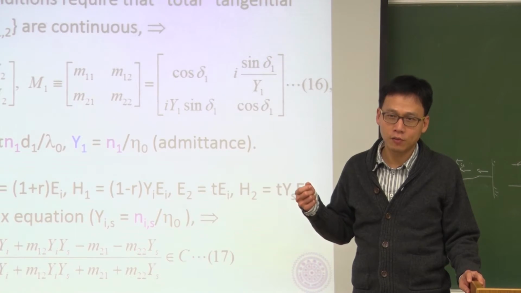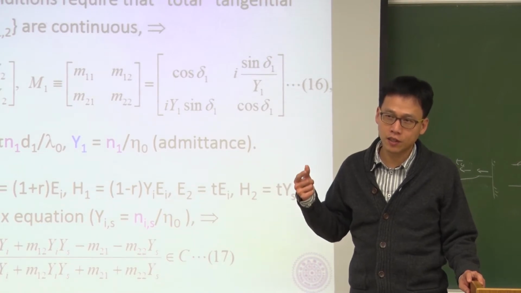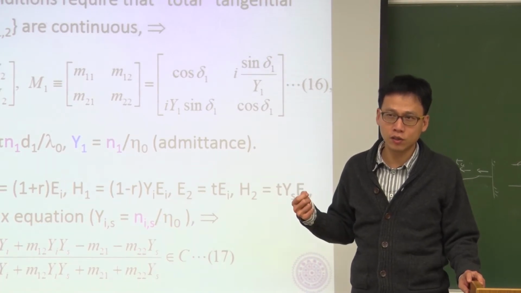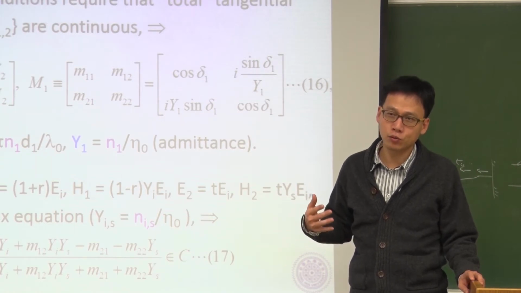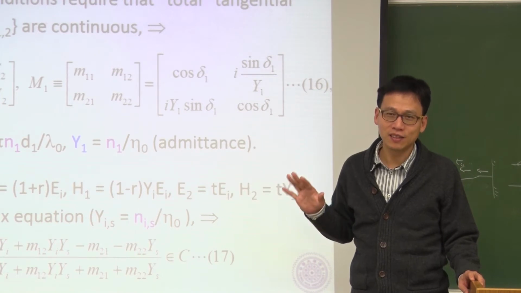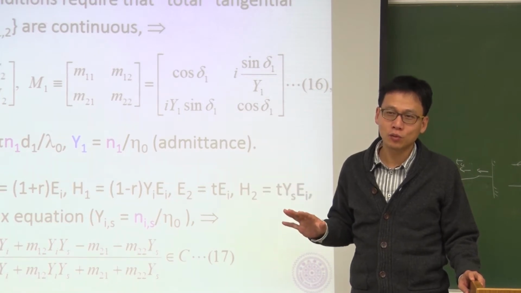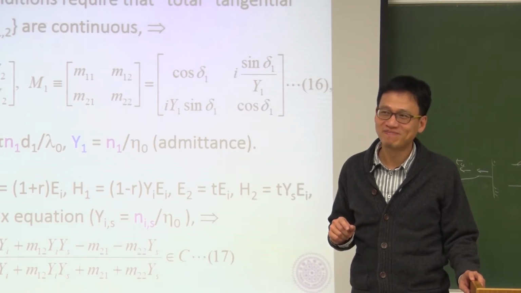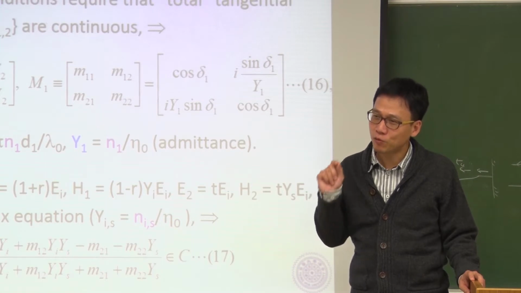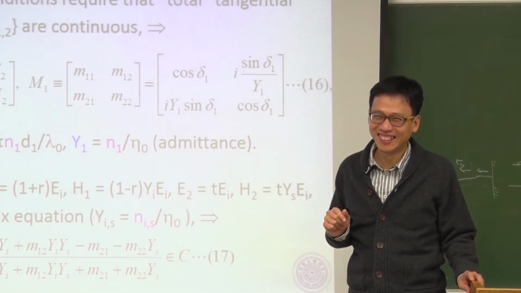And if you have small r, after taking absolute square, you can know the reflectance, the percentage of power getting reflected back. But in this section, what we are really interested in is not the reflectance, but the phase contribution.